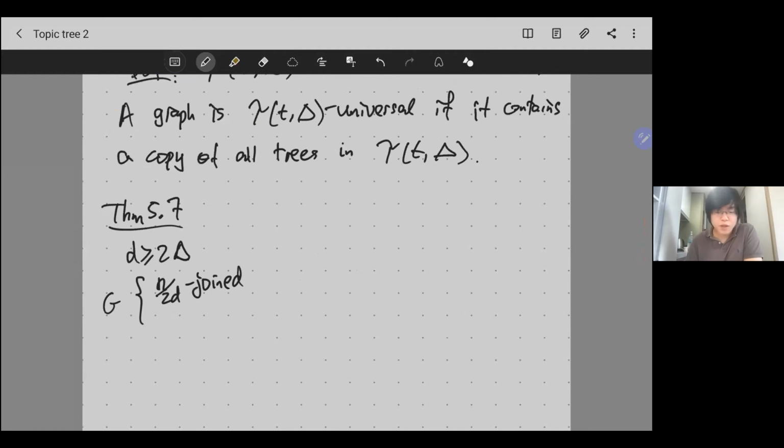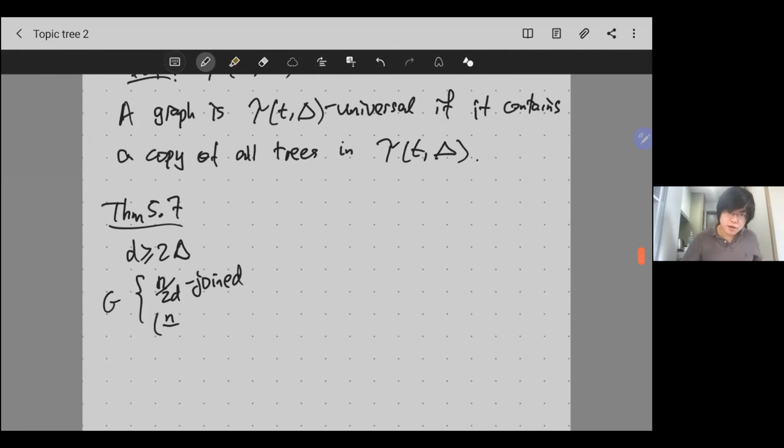This is the large set connectivity. Every two sets of size at least n over 2D, you must see an edge in between. And G is a (D, n over 2D) expander.